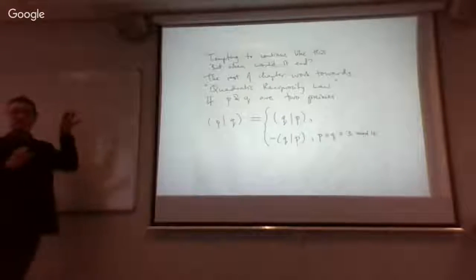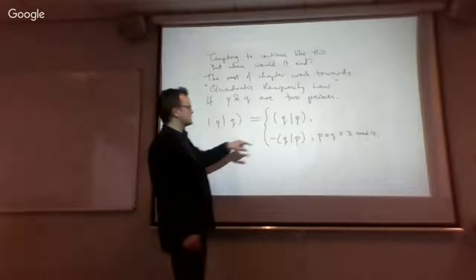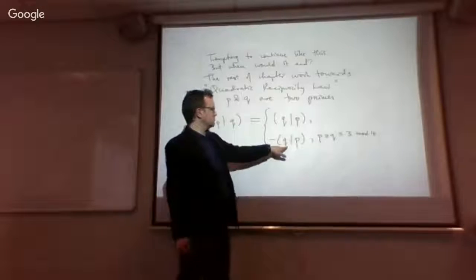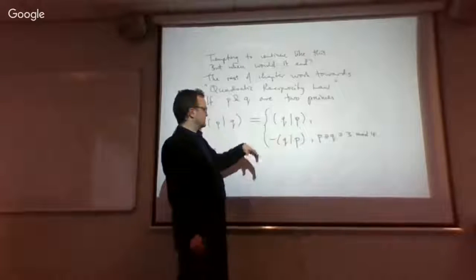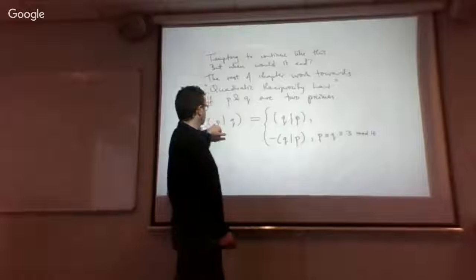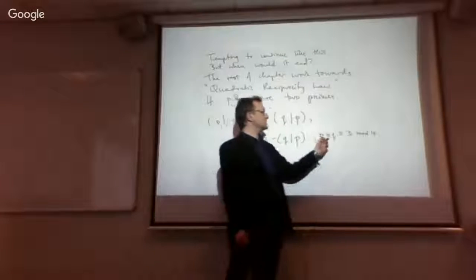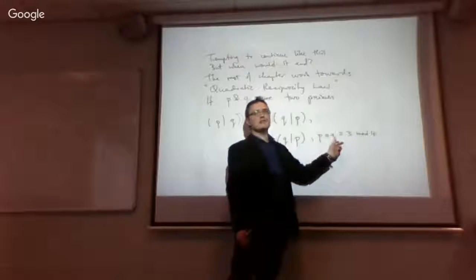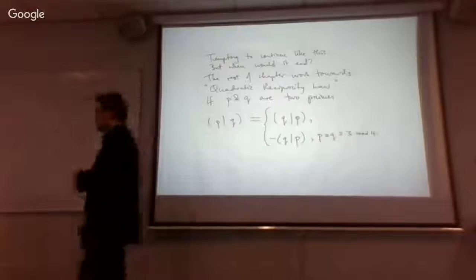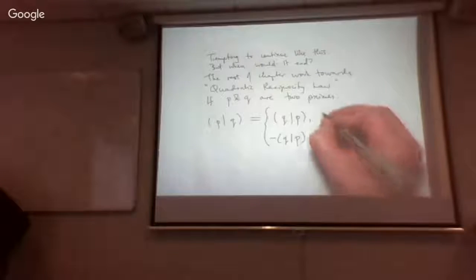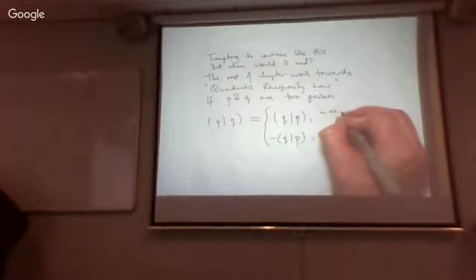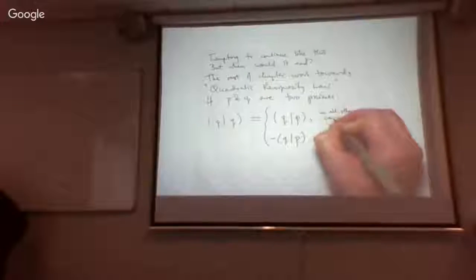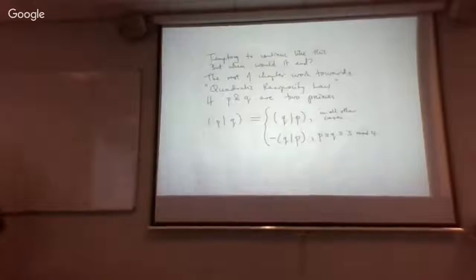They have opposite status. So if this is +1, this is -1, and vice versa. If QP is -1, then PQ is +1. They have opposite status exactly when both of them are congruent to 3 modulo 4. And they have the same status in all other cases. This is the law of quadratic reciprocity.